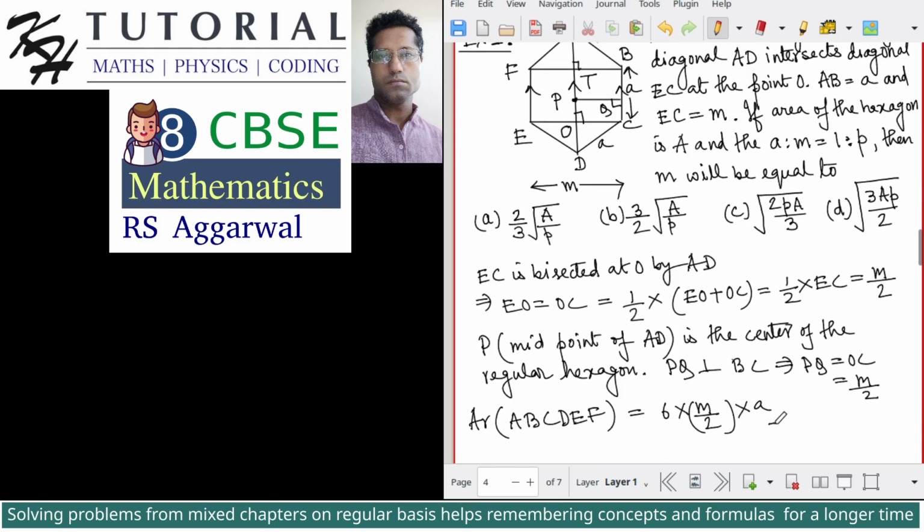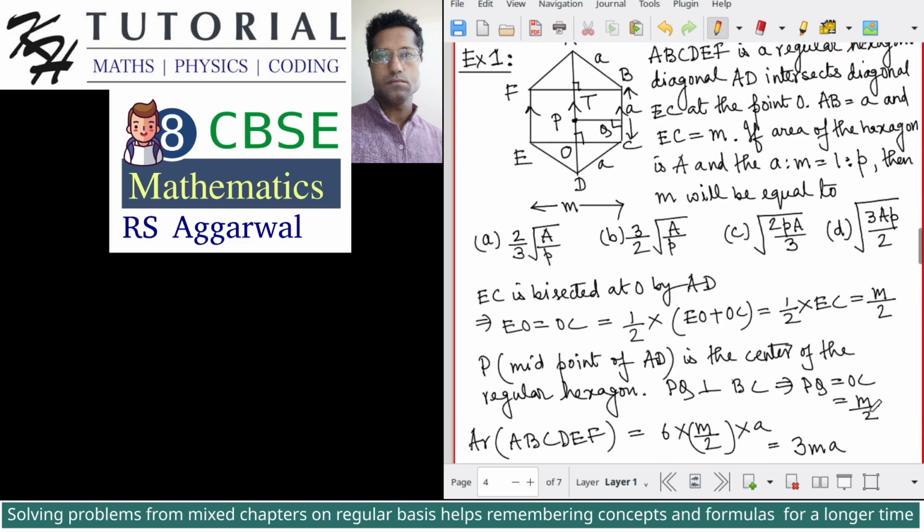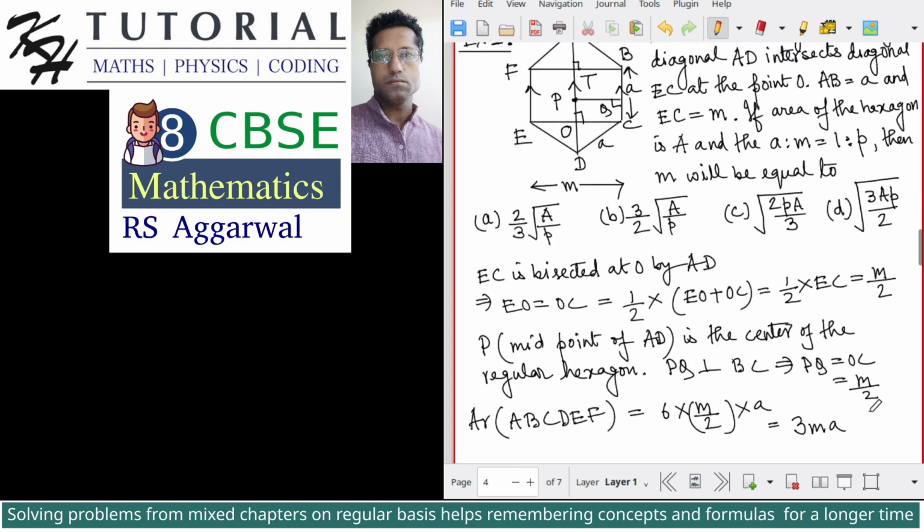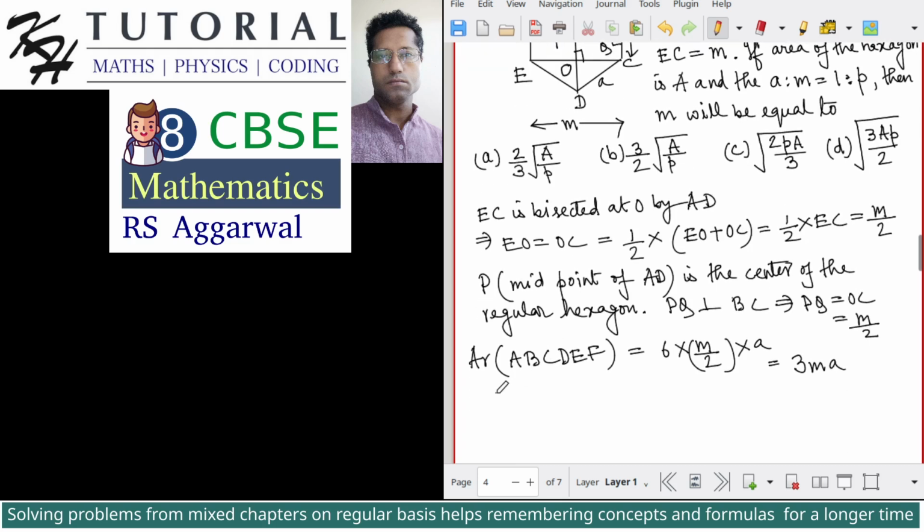So this is equal to 3 ma. So the area of the entire regular hexagon will be 3 ma, which is given as capital A. So capital A is equal to 3 ma.